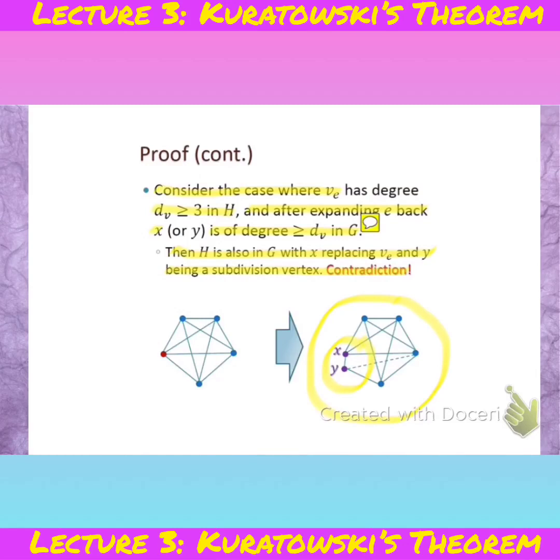Or Y could lie in the indicated position on the sketch, and then contracting that edge yields a K5. However, that will imply that G will have a subdivision of K5 as a subgraph. So that is basically the first scenario we looked at.